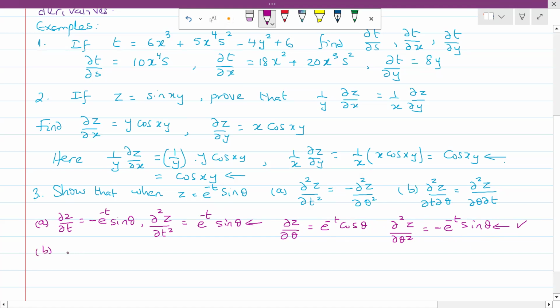Then for part B, the second partial derivative of z with respect to t and theta. So I'm going to write it like this. Partial z partial theta, I've already obtained it like this. So I'm going to now partially differentiate with respect to t. This is going to give me minus e power minus t cos theta.